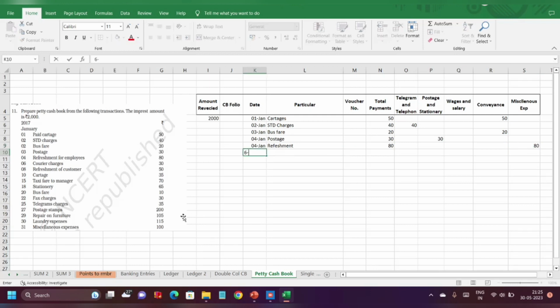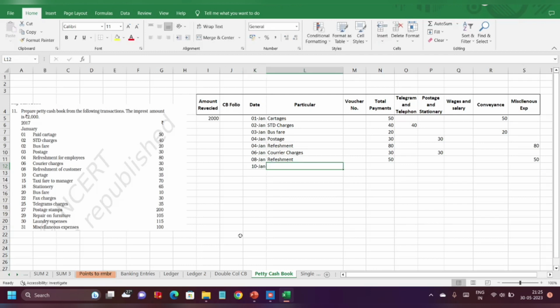Next, courier charges, amount of rupees 30 in our postage and stationery. Next, again refreshment, date 8th, amount of rupees 50, we will record it under miscellaneous.